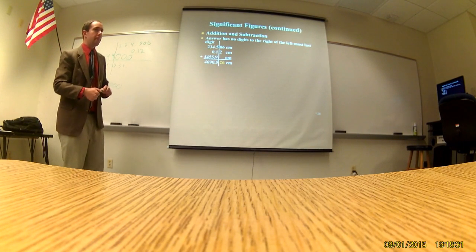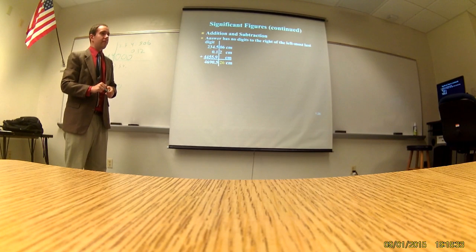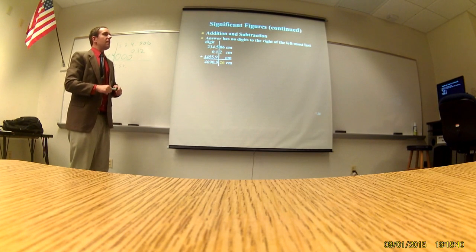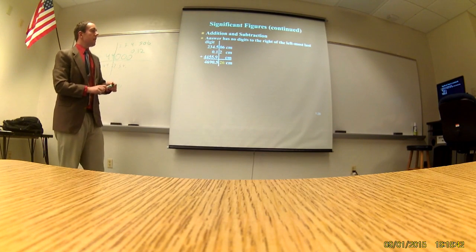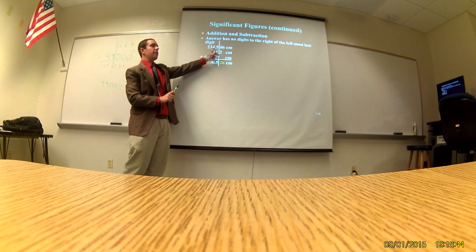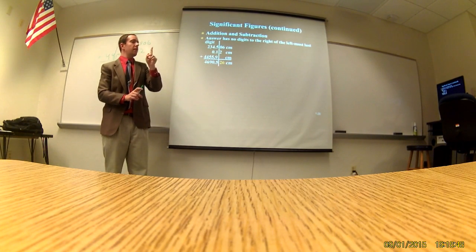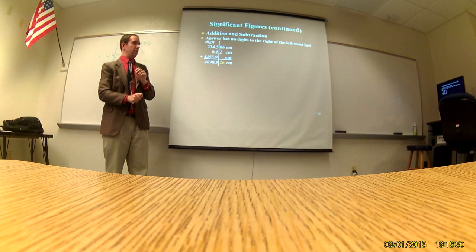You said to do longhand addition and subtraction like that, but if you did it in the calculator and just noted which one had the furthest right non-zero digit, the last number that counts there. If you don't write this up like this, you can get it right, but you're asking for yourself to make a mental error. Okay?